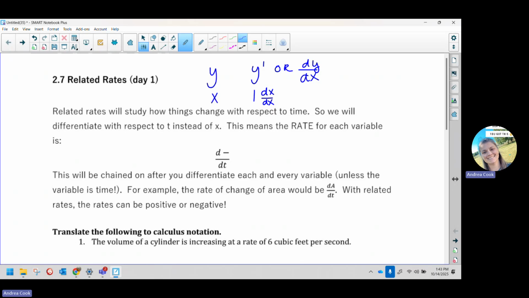Now, if I find the derivative of y, it becomes dy over dt. The derivative of x becomes dx over dt, because now it's with respect to time instead of x. So you will be doing chain rule for every single variable.